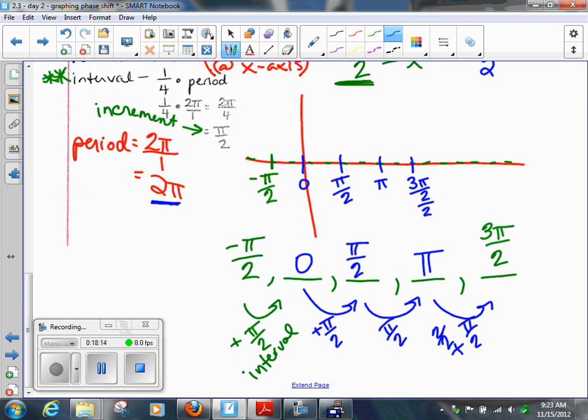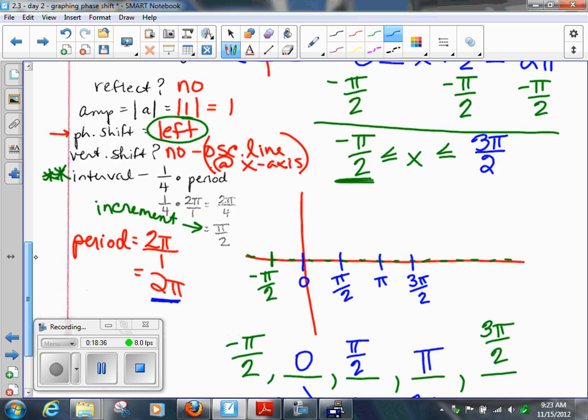I told you it would be very important to you later to label your x-axis. And it's very important that you label it appropriately. My oscillation line, now everything's the same, okay? My oscillation line is the x-axis.